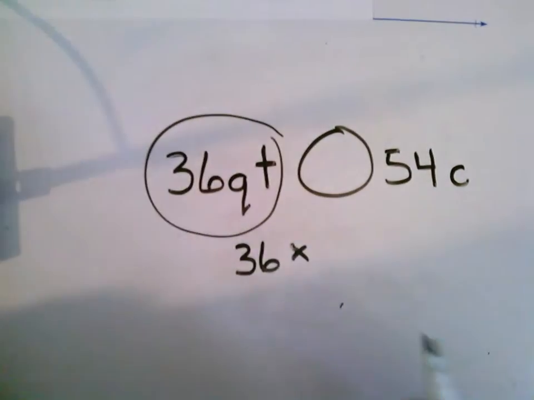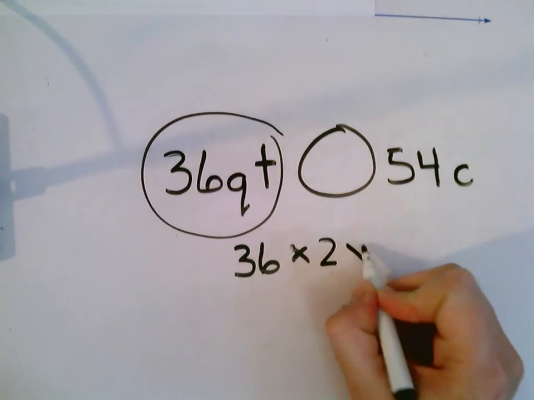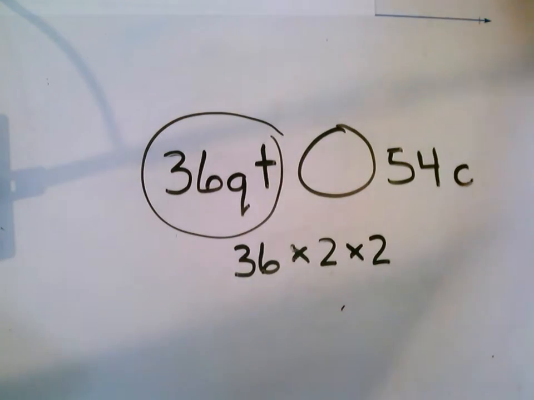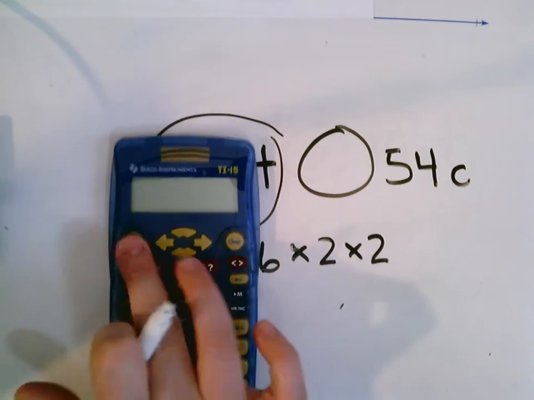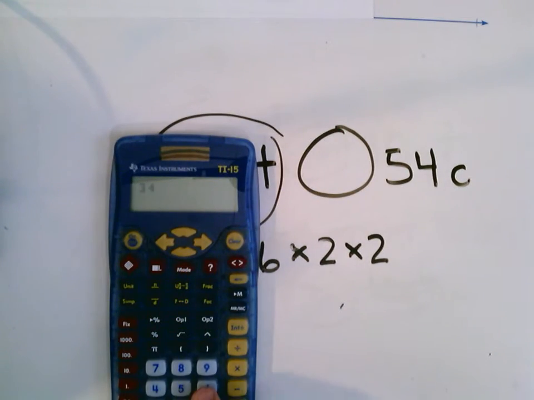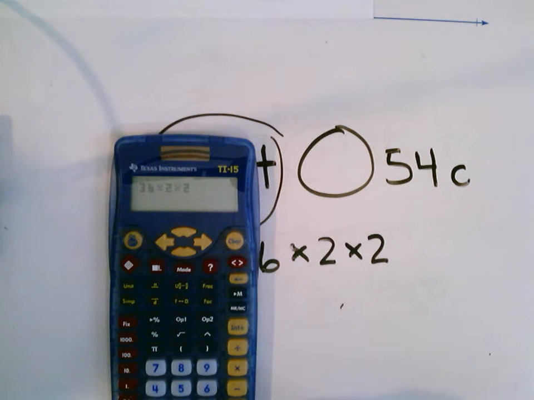So I'm going to do 36 times 2 times 2. Again, you can put that in your calculator, I am fine with that. Or if you can do 2 times 2 in your head, 36 times 4 is going to give you the same thing.